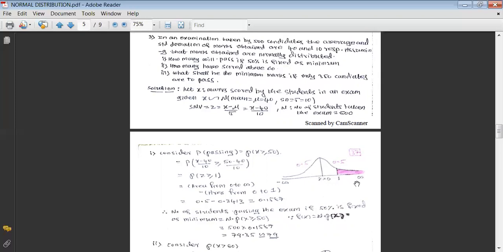Once you draw the standard normal curve, the value 1 lies on the right side. Greater than 1 means above 1, so you have to mark that region. This probability can be obtained as the area from 0 to infinity, that is the right half, minus the area from 0 to 1.